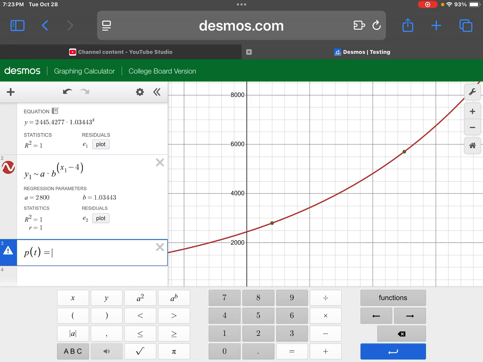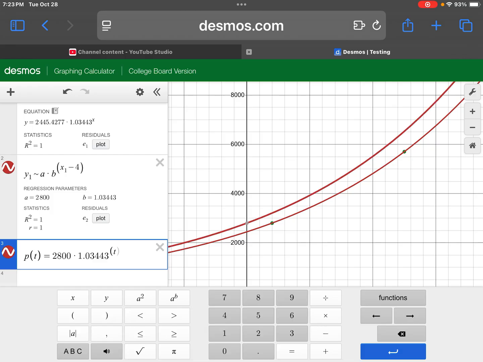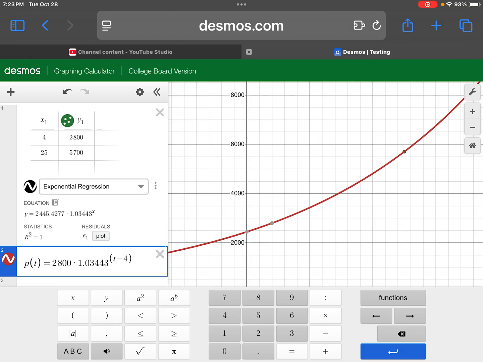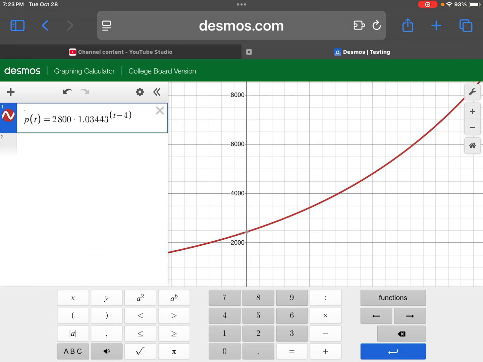I'm going to put my A value, which is 2,800, times my B value, 1.03443, to the power of, and then in parentheses, t minus 4. And there's our equation, which now I can get rid of that, and honestly, I can get rid of that as well.